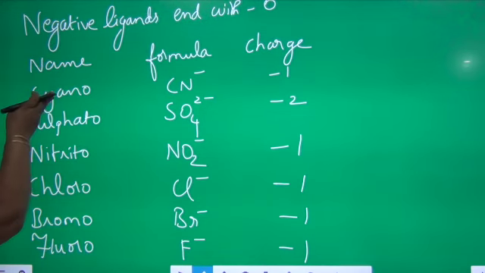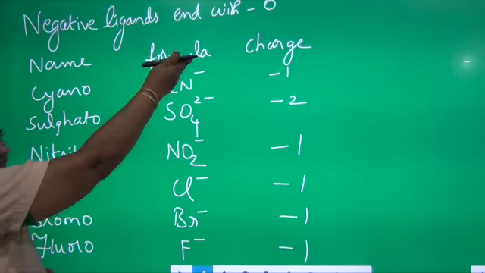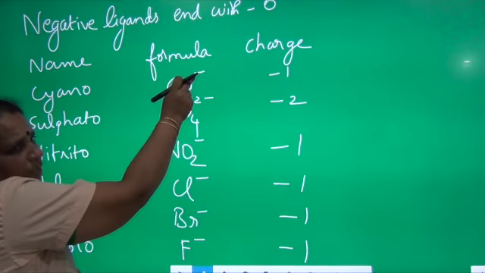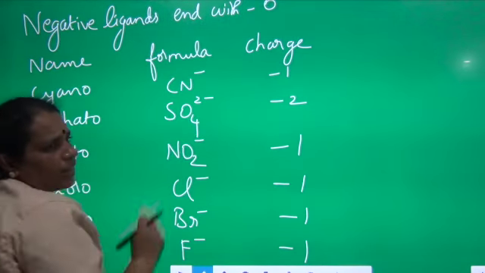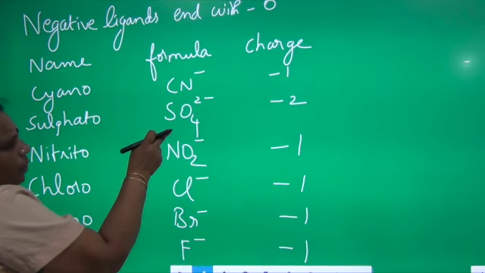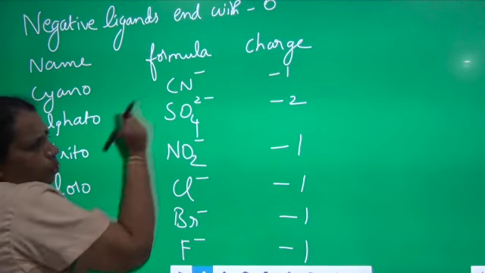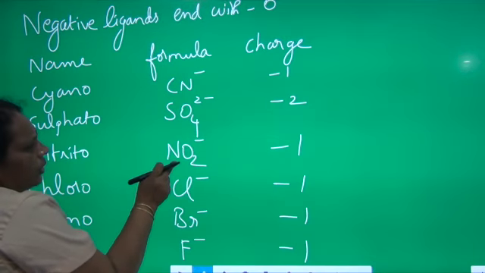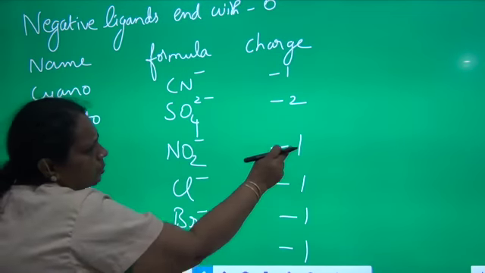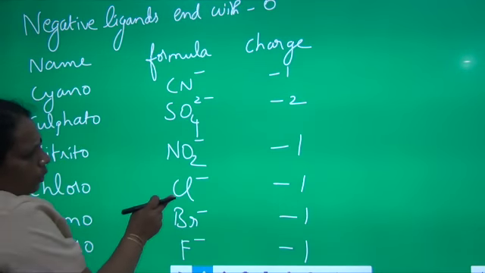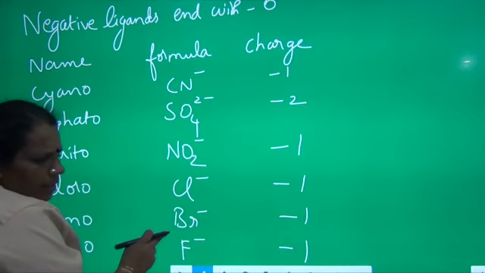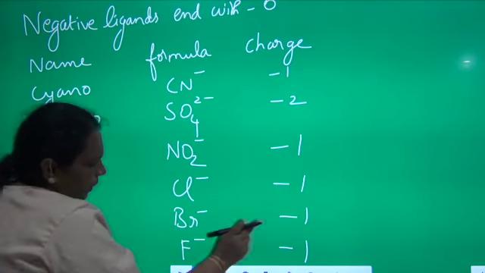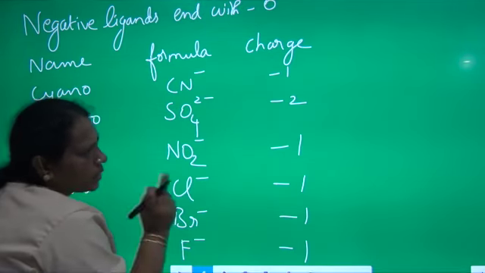For example, cyano is CN-, which has only one negative charge, so the charge is -1. Sulfato, the symbol is SO4 2-, the charge is -2. Nitrito, NO2-, the charge is -1. Chlorido, the charge is -1. Similarly, bromido is -1. Fluorido is -1.